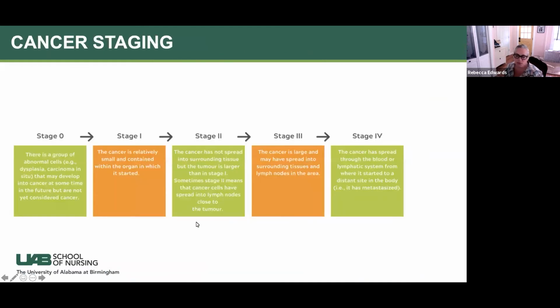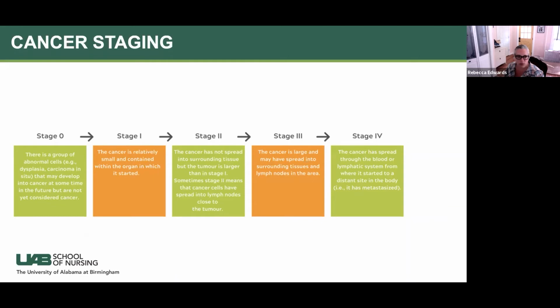So in terms of the cancer diagnosis, for all cancers or most cancers, all cancers really are staged in some way. It may not be in this type of a staging schema, but most cancers are staged as stage 0, 1, 2, 3, or 4. And the earlier the stage, so stage 0 or 1, has a better prognostic outlook than would the later stages, stage 3 or 4.